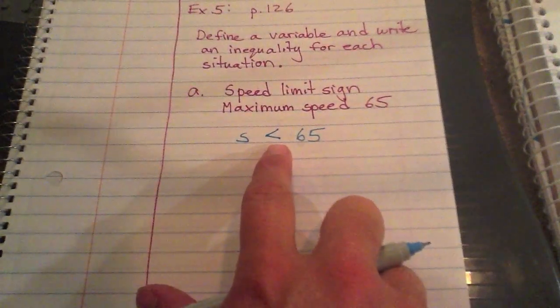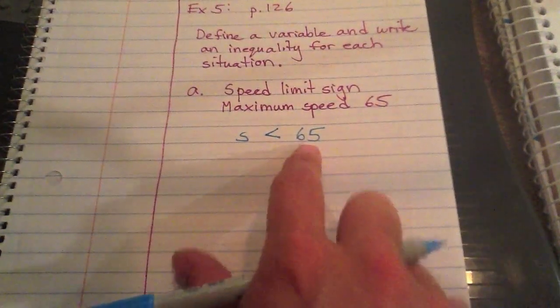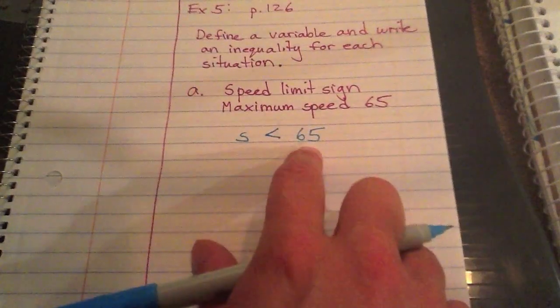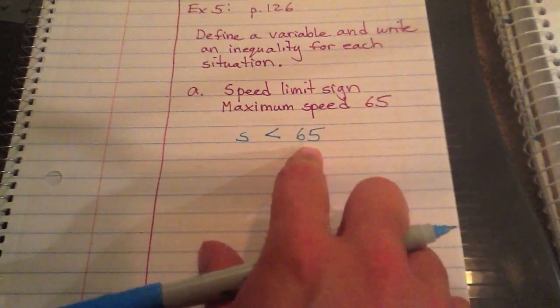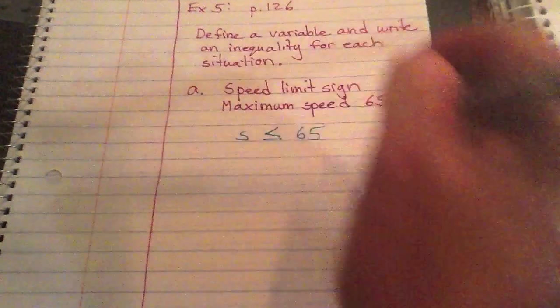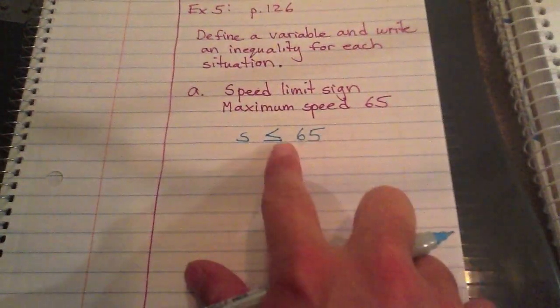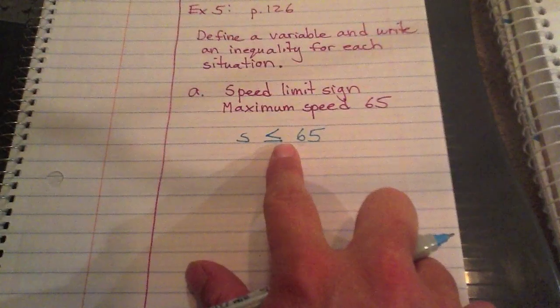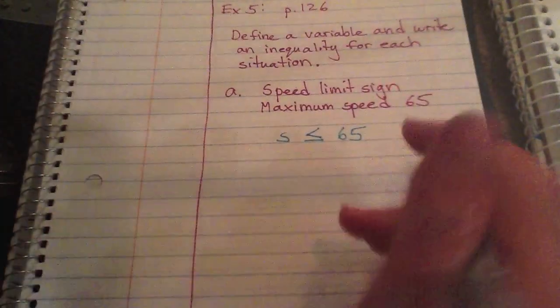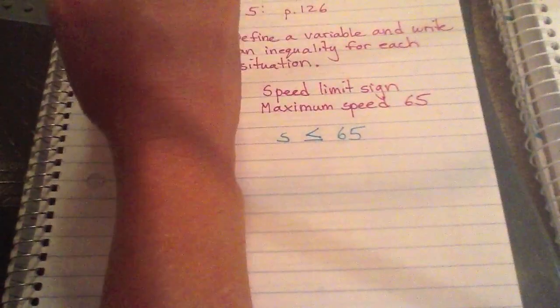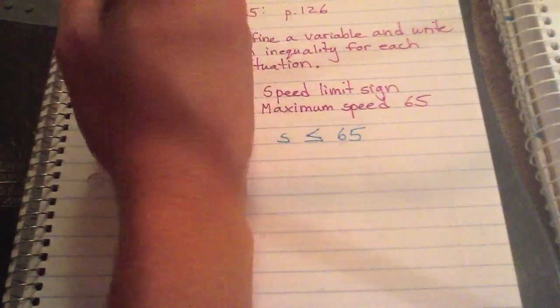Now you have to ask yourself about the or equal to. Am I allowed to drive 65? And all of you should have said yes. And because I'm allowed to go 65 miles an hour, it is or equal to. Over on the left, we're just going to write the same types of things. Variable on left and number on right, just like we did on the graphing ones.